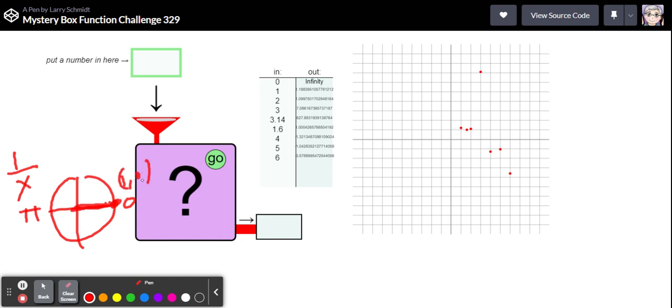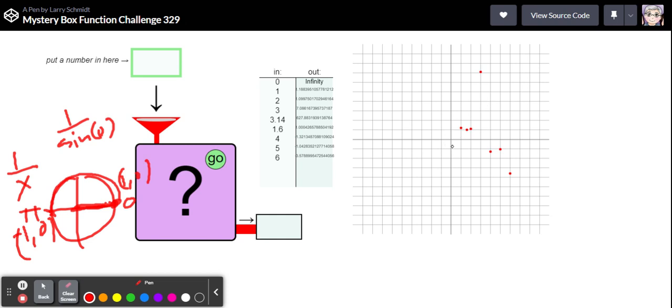So the y coordinate is the sine, and since we're getting this infinity error at 0, I think we're dealing with 1 over the sine. 1 over the sine of 0 is 1 over 0, and it would be undefined. The same thing would happen if we go all the way around to pi. So here we're at the point negative 1, 0. So again, the sine, the y coordinate, is 0. So at pi, we see that same thing.